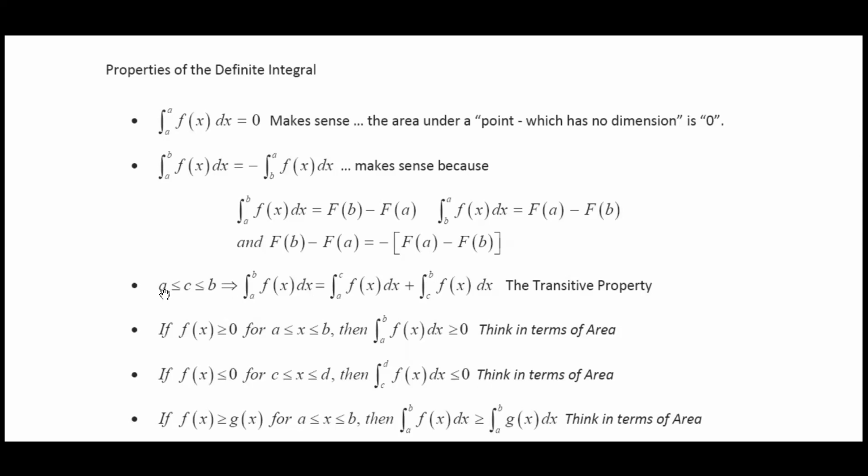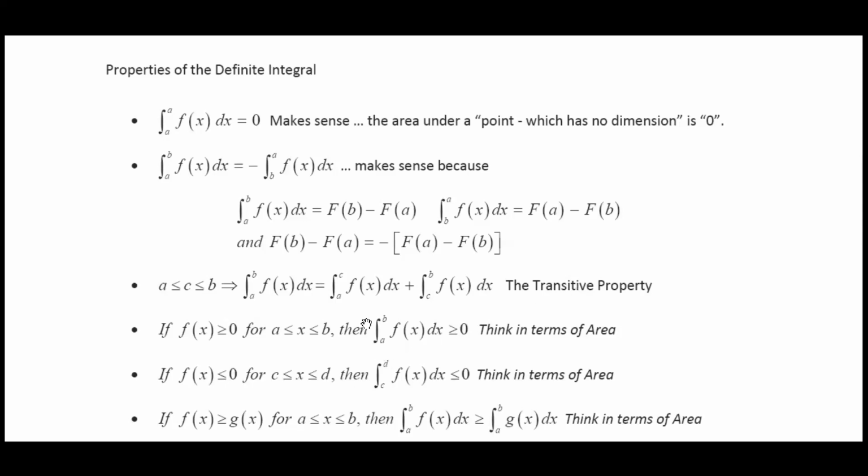If you're going from A to B and you're going through C, you go from A to C, and then you go from C to B. You break up your trip into two parts. That's all we're doing. We're saying the function from A to B, if C is between A and B, is the same thing as A to C plus C to B. And you want to know that property.